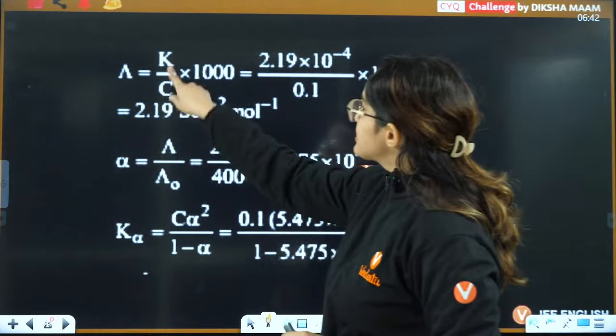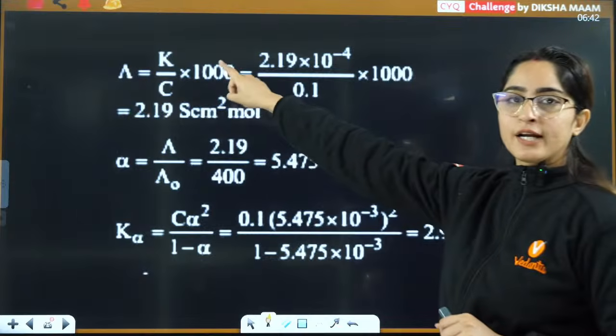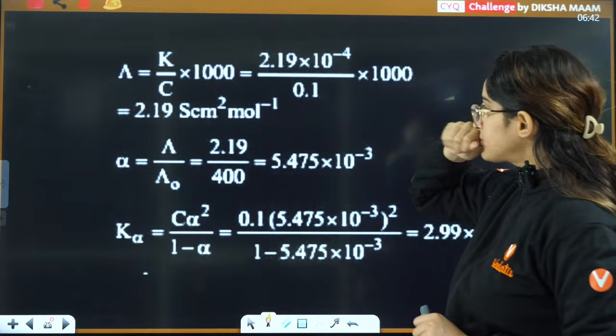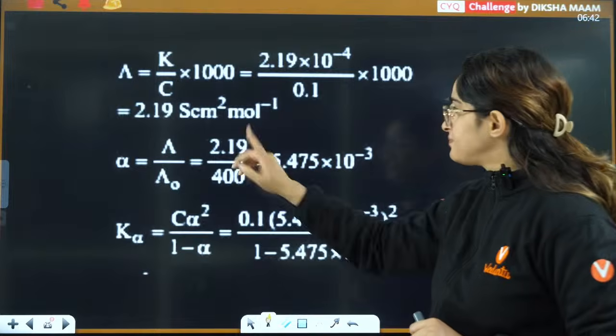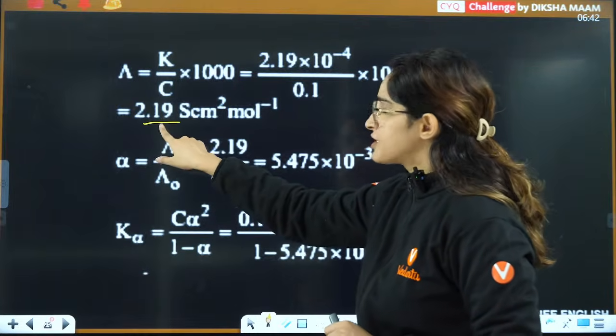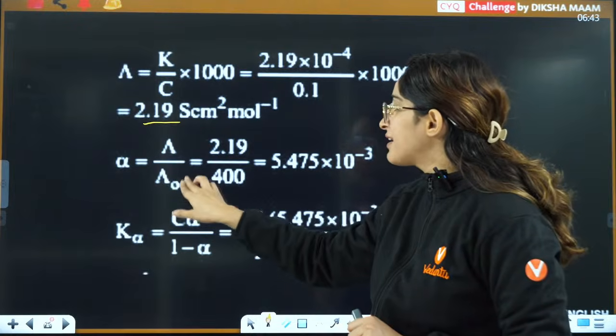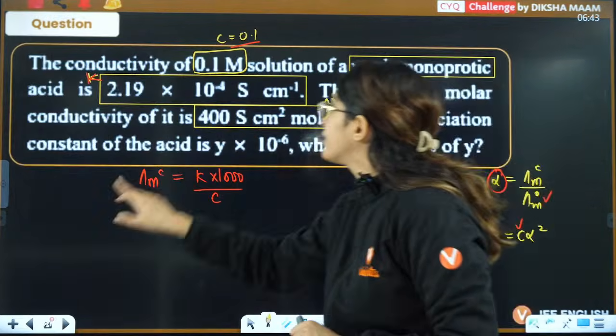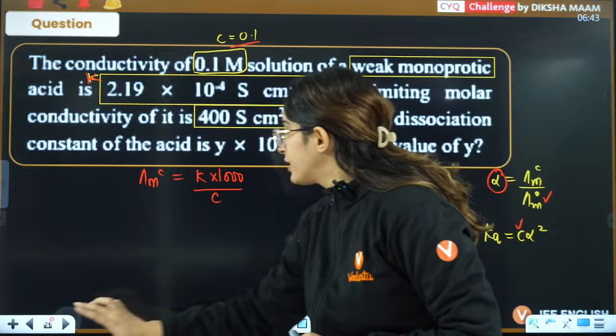So this is the value of molar conductivity at concentration C. Put all these values, then alpha value, this is molar conductivity at C, this is infinite dilution, that is given to you, 400. Over here it is given to be 400, right?